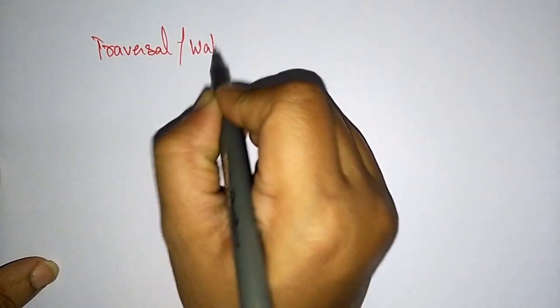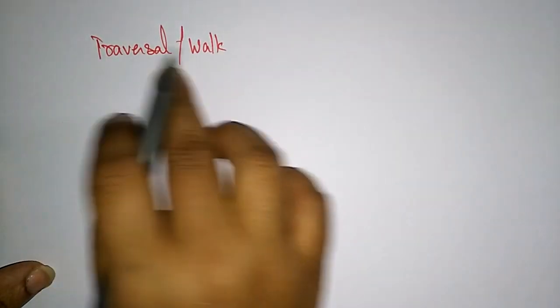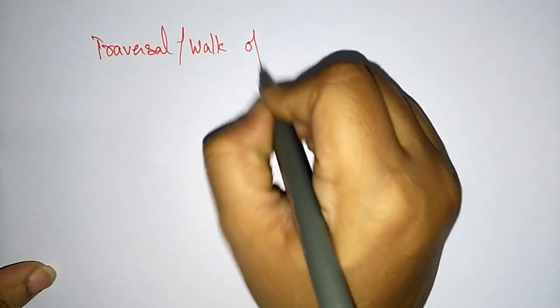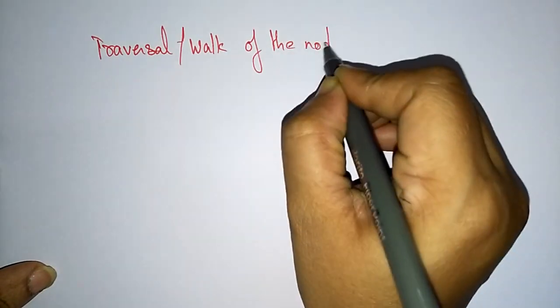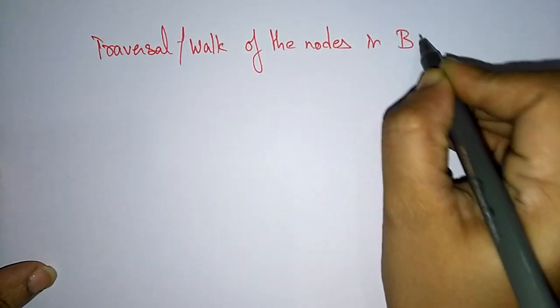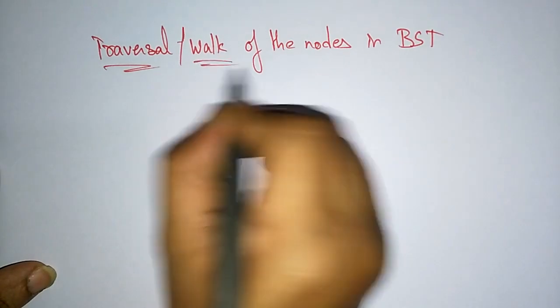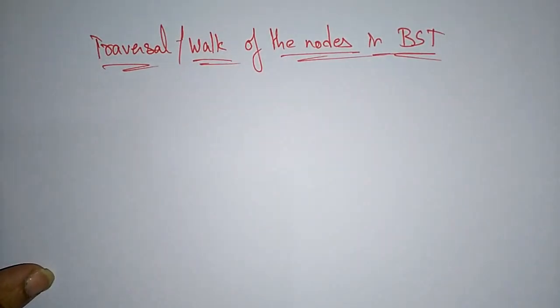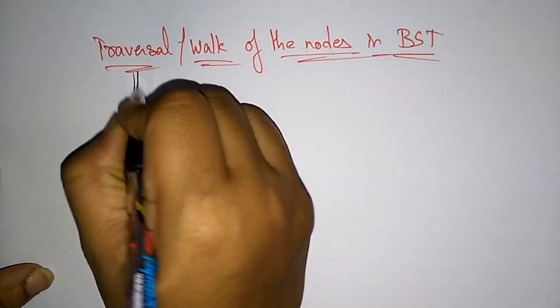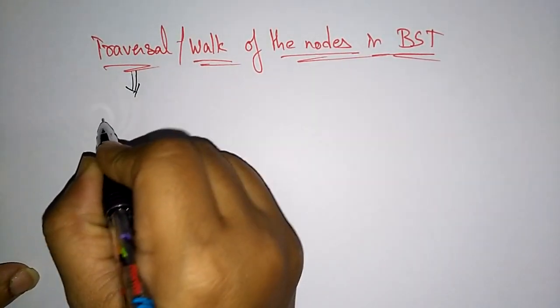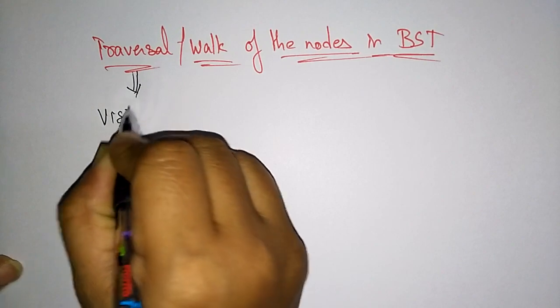Let me explain the traversal, or else you call it a walk. Just moving from one node to another node is called a traversal. Traversal or a walk of the nodes in a binary search tree. BST means binary search tree. Traversal means visiting all the nodes in a graph.